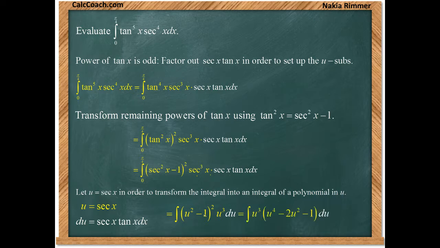Multiplying out U squared minus 1 squared, what we get is U to the fourth minus 2U squared plus 1. And then on the next slide, what we'll do is distribute the U cubed across. Let's go to that.